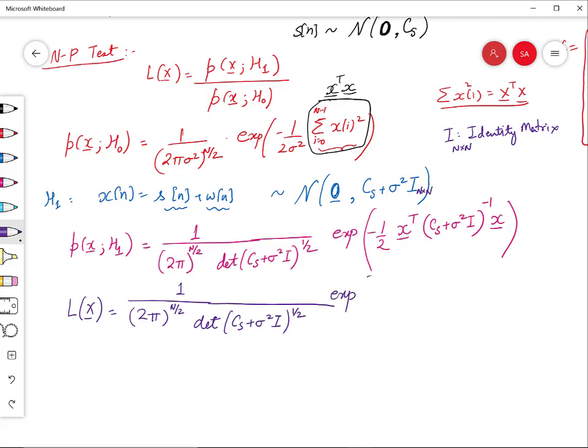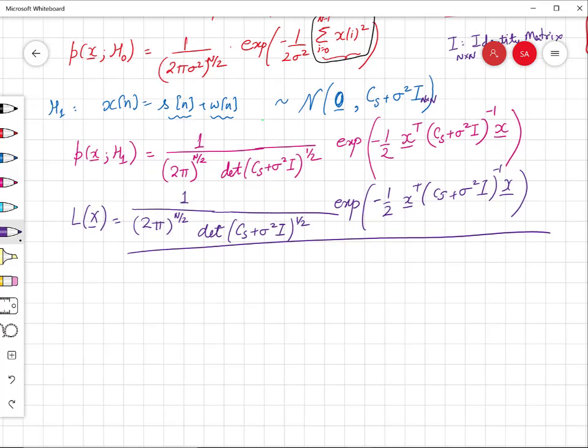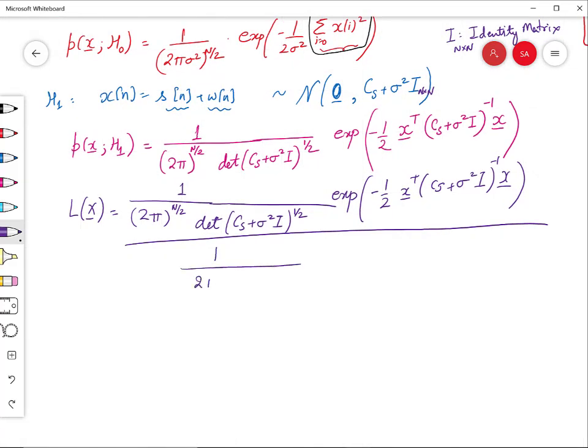Alright, exponential of minus half x transpose Cs plus sigma square I inverse x, divided by the likelihood of the hypothesis H0, so 2 pi n by 2 sigma power n exponential of minus half x transpose x, and then there is also a sigma square, so let me write it as 2 sigma square. We can see these two things cancel out.